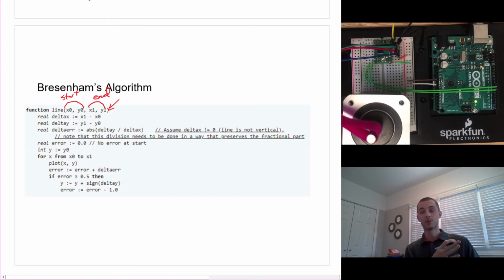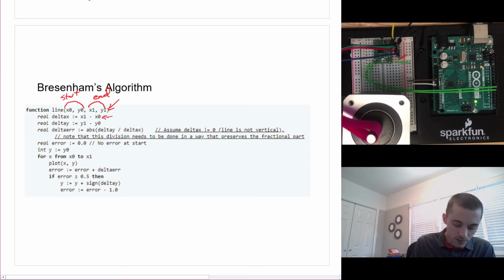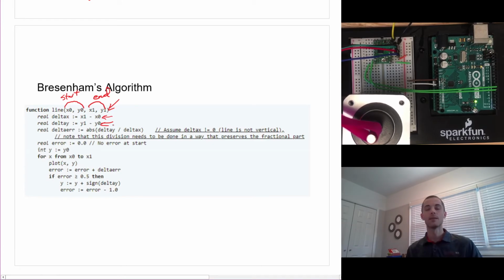You've got x0, y0, and x1, y1. And then you calculate how much you're moving in the x-axis and then how much you're moving in the y-axis. And then based on that, you calculate what they have referred to as a delta error, the amount of error incurred by only stepping in one axis. And then you also keep track of the total error that's accumulated as you continue to step.